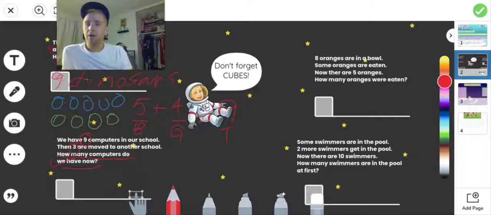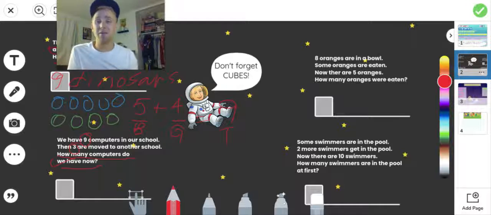You know what, first graders? I started building that picture in my brain, and I heard a word that changed the picture in my brain. If I was reading a story, this word would have changed the picture in my brain as well. So I'm going to share it with you. If I think of 9 computers sitting in front of me and 3 of them are moved away, I don't have them anymore.